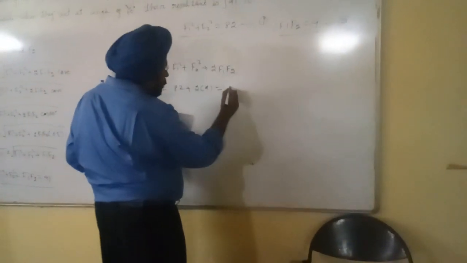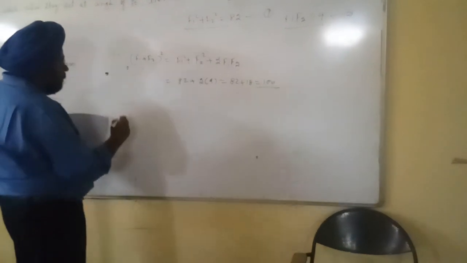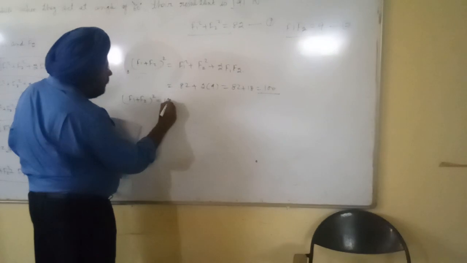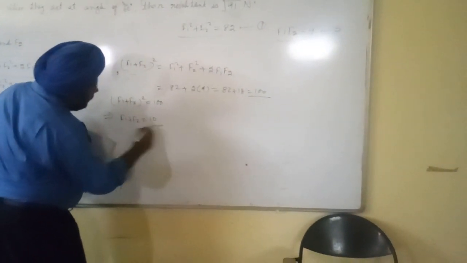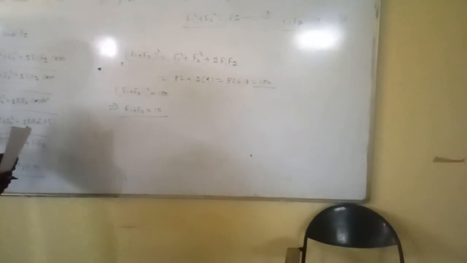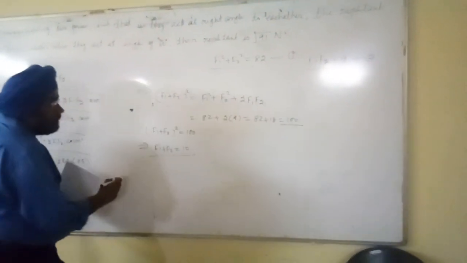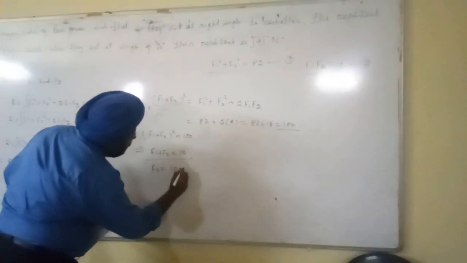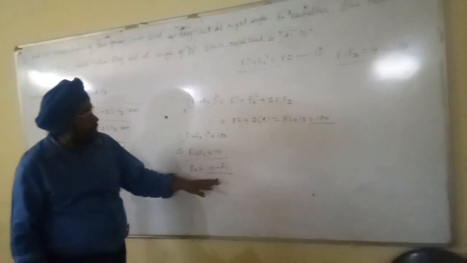So 82 plus 18 is equal to 100. So (F1 + F2)² is equal to 100 and F1 + F2 is equal to 10. From this equation, F2 is equal to 10 minus F1.